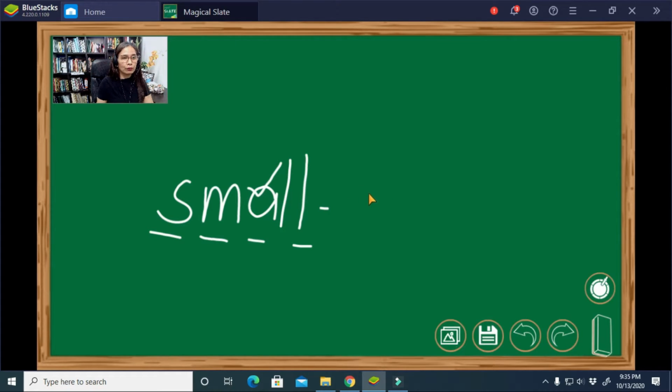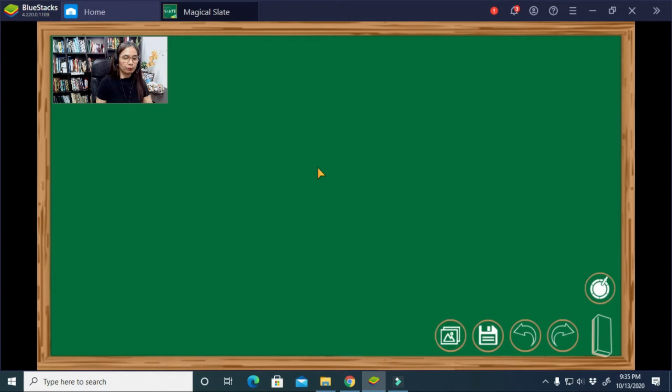So we have S and M and then a deep hook O and L. Now that is now the shorthand of small. Small. Alright. Small.